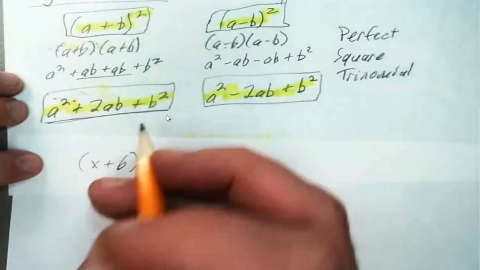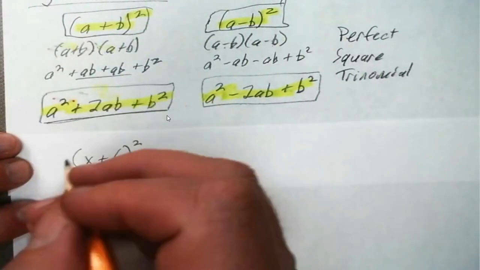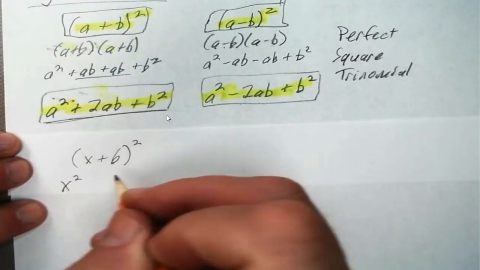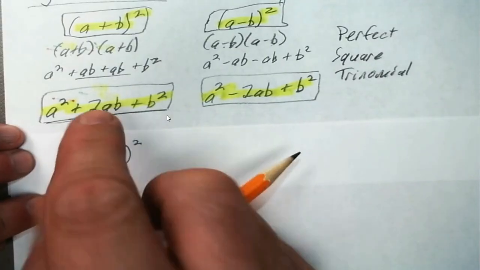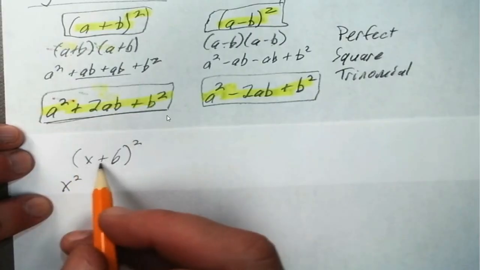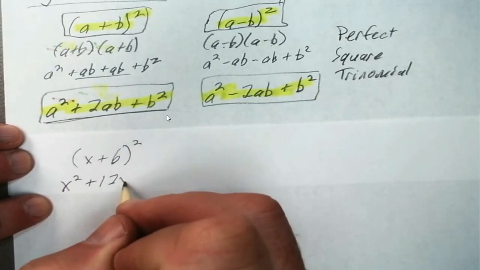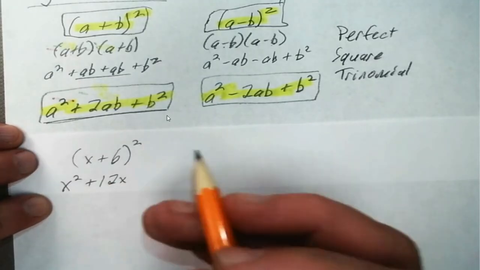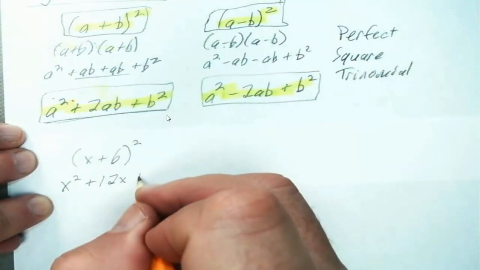So the answer would be, this would be A, because that's the first term, so that would be x squared. The middle term would be 2 times, multiply those together. Well, if I multiply x and 6 together, that's 6x. But if I double it, it's 12x. And then the last term is just the B squared, 6 squared.